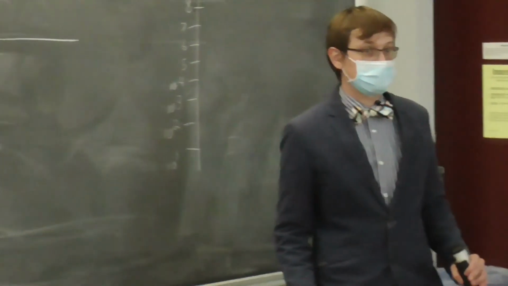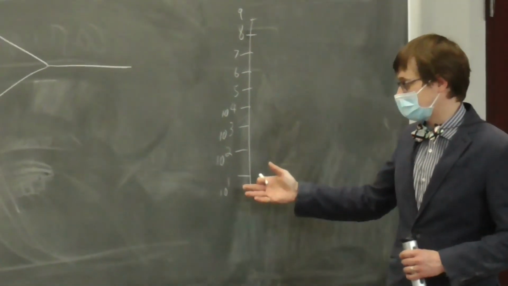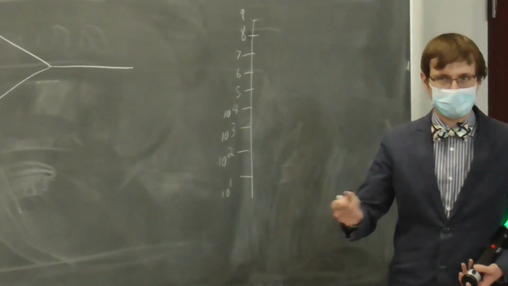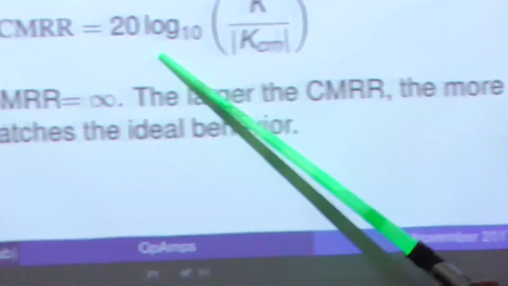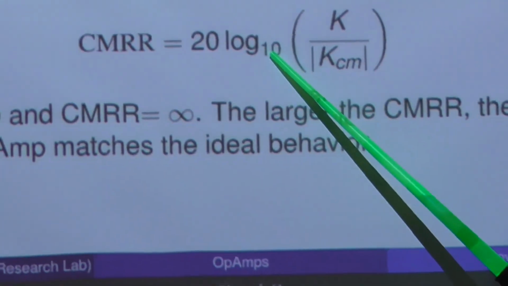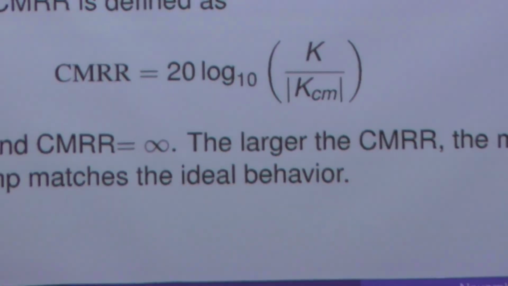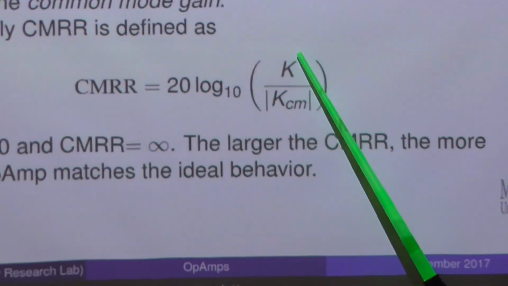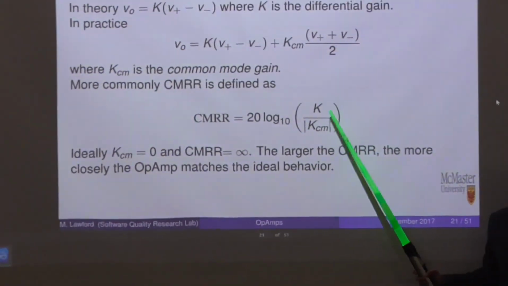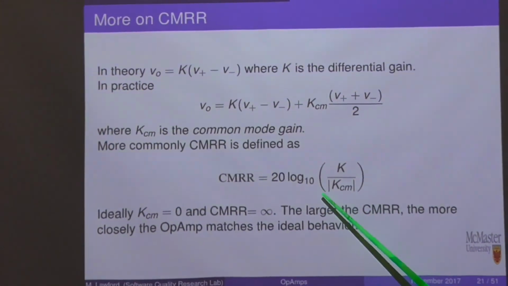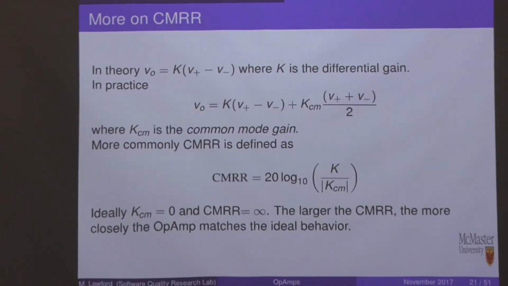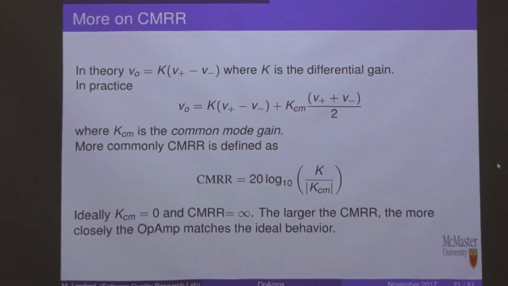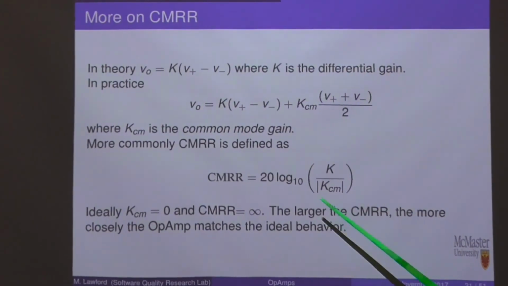Decibels are this, but to a different decimal place, essentially. So we take the logarithm of the ratio between the regular gain and the common mode gain. We take the base 10 logarithm of it to extract what the exponent would be, and then we multiply by 20, right?